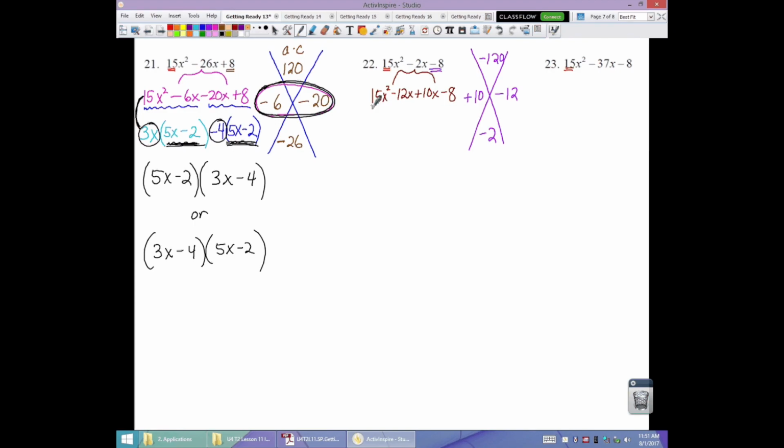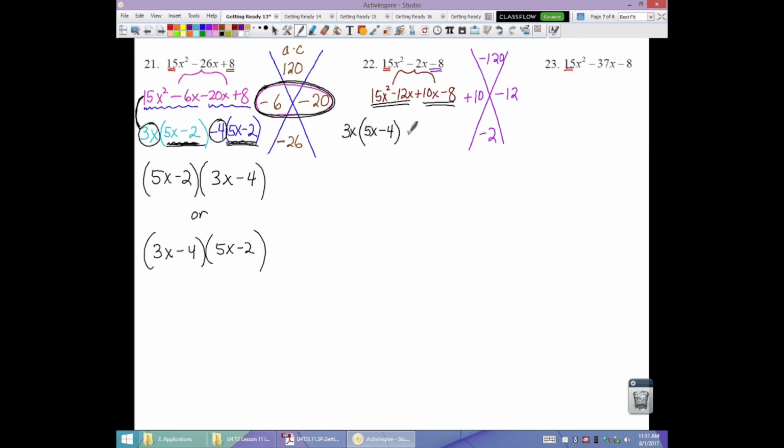So the first two terms here, 15x squared minus 12x, what do they have in common? The largest thing I can remove from both would be 3x. 3x times 5x is 15x squared, and 3x times negative 4 is negative 12x. What can I remove from 10x minus 8?